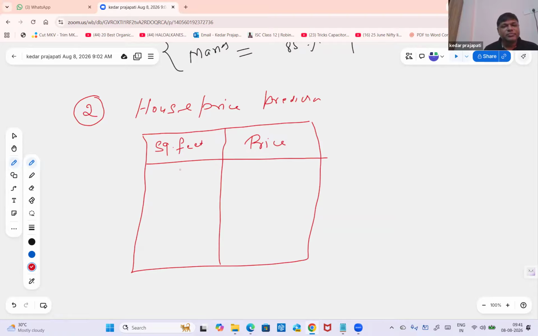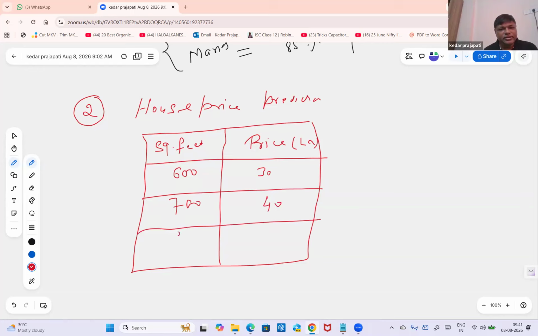So maybe if house size is 600 square feet, it will be coming in 30 lakhs. It is in lakh. 700, then 40 lakhs. 800, then 45 lakhs, something like that.